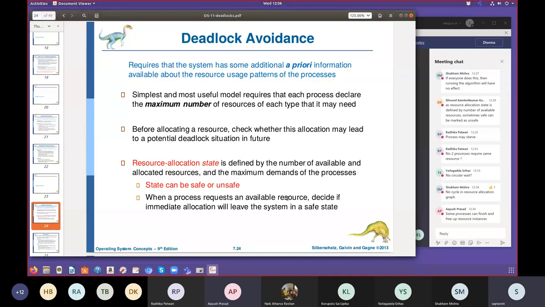Yes. And so suppose there is a process which does not require any more resources. It has got all the resources that it requires. So this can finish, and free up its instances. Then just go forward one line. These freed up resource instances may enable another process to finish.